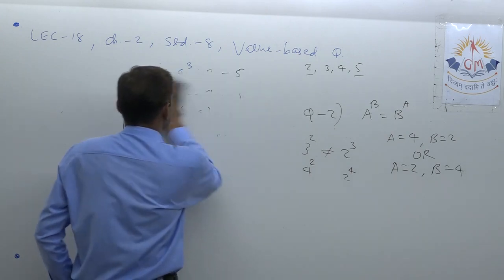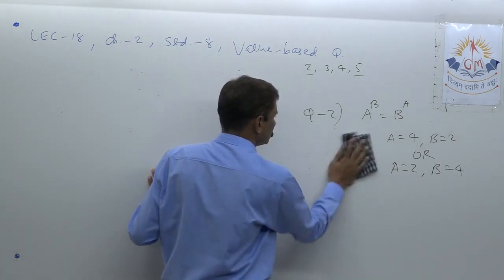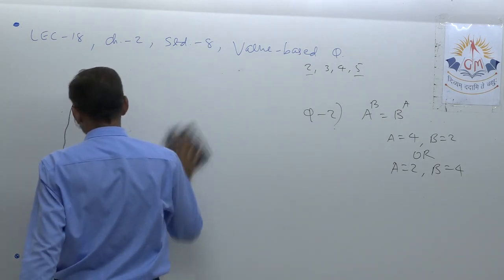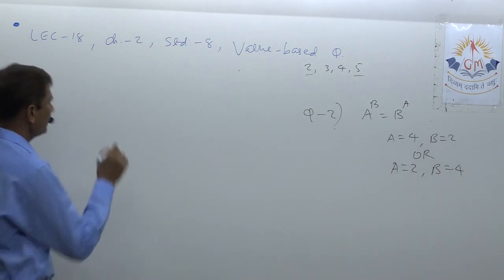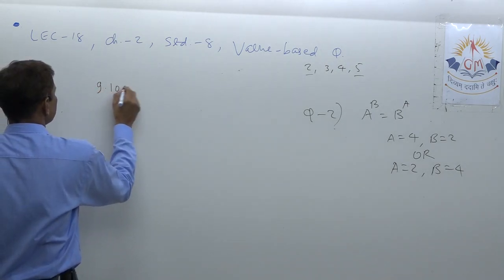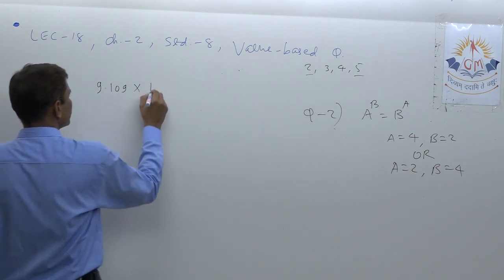Look at number 3. The mass of an electron is given as 9.109 into 10 raised to minus 31.